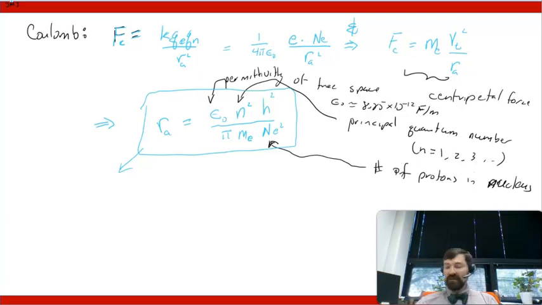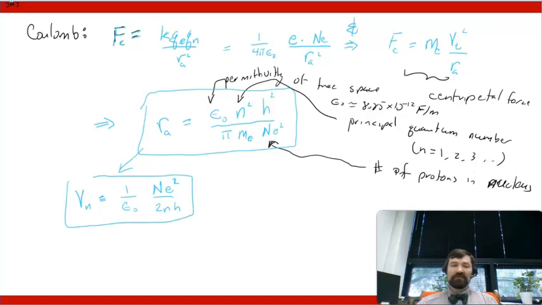One thing is you can now figure out the allowed speeds. So v_n, your allowed speed, would be 1 over this permittivity times the charge squared divided by 2 n times h. Okay, so that is how fast the electron making this particular orbit should be traveling classically.